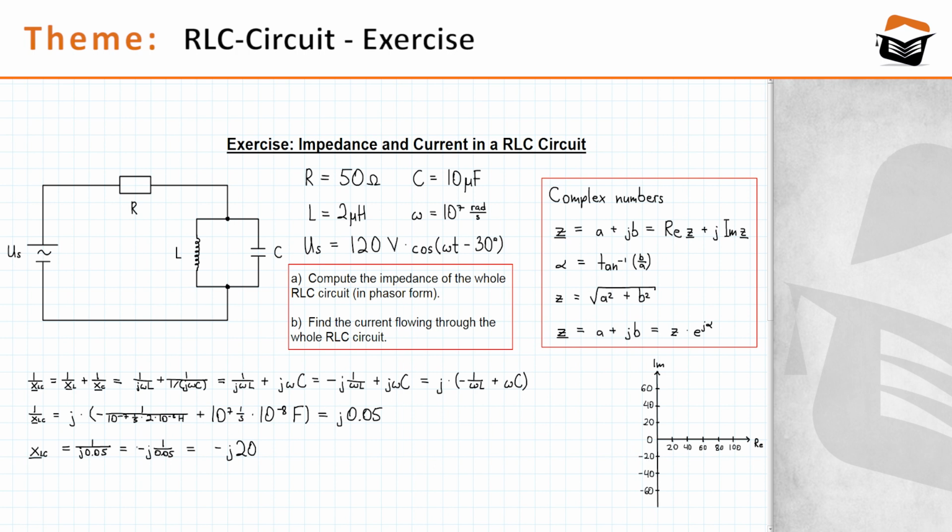As I said, that's just the impedance of the subcircuit. In order to compute the impedance of the whole circuit, we need to add the resistance to that impedance. Let's do that. It's going to be quite quick. The impedance of the whole circuit will be labeled as X underline RLC.